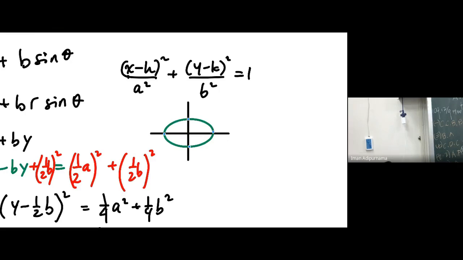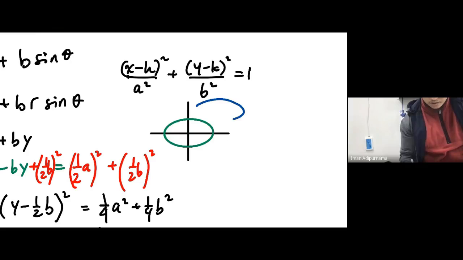Now you know you have h, k, but this distance here has the same property, the same shape. What you need to do is just shift this to your h, k. Maybe it becomes here.